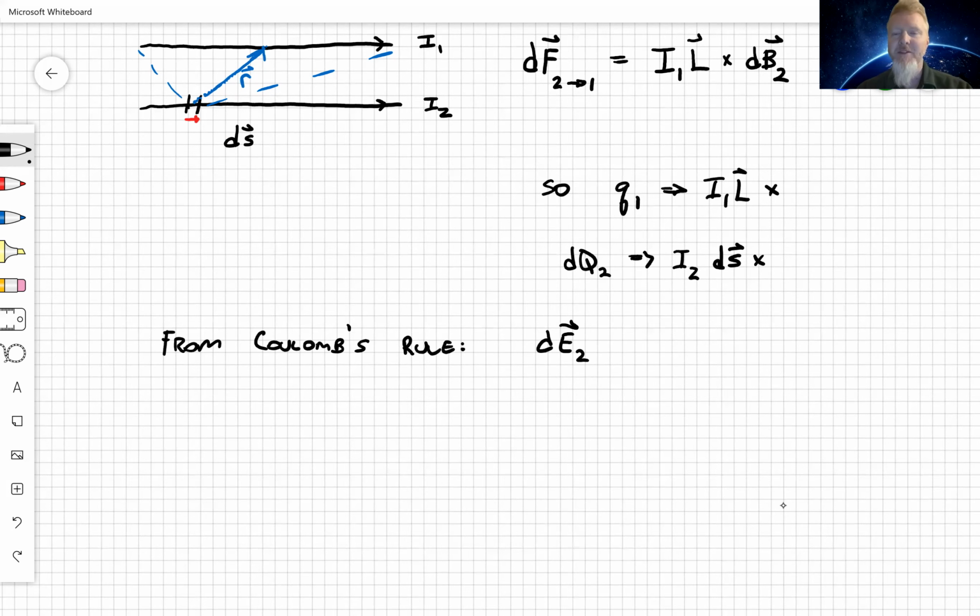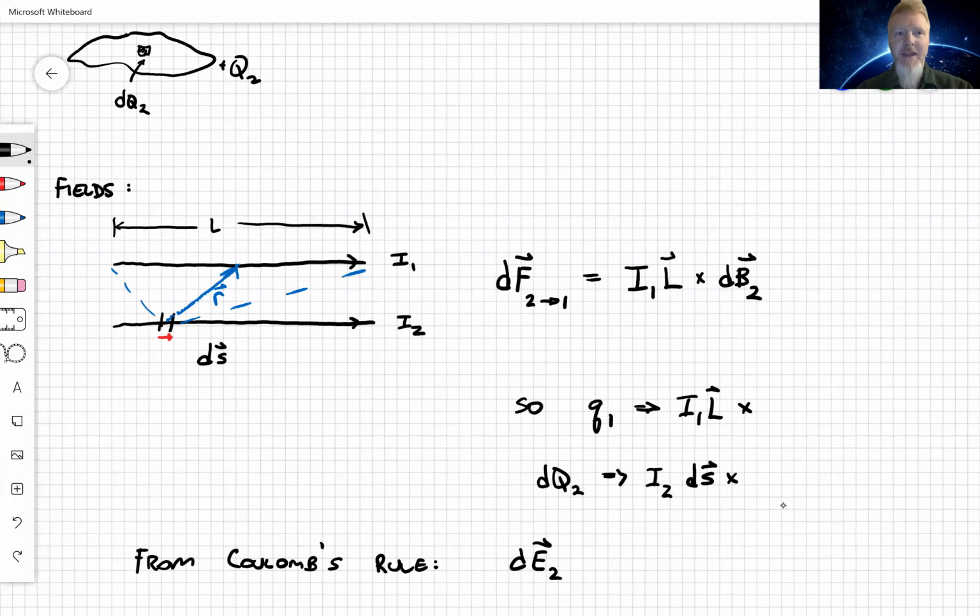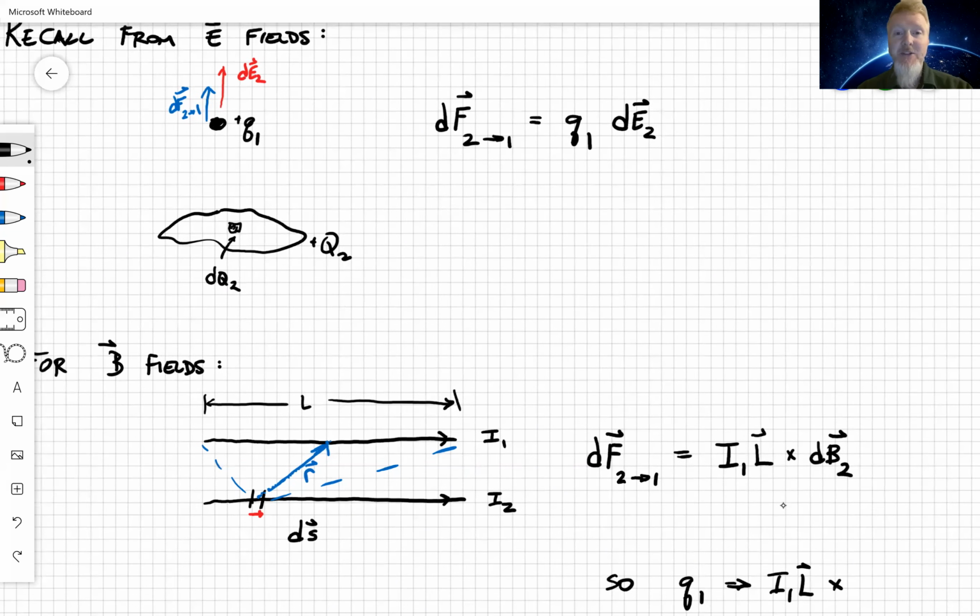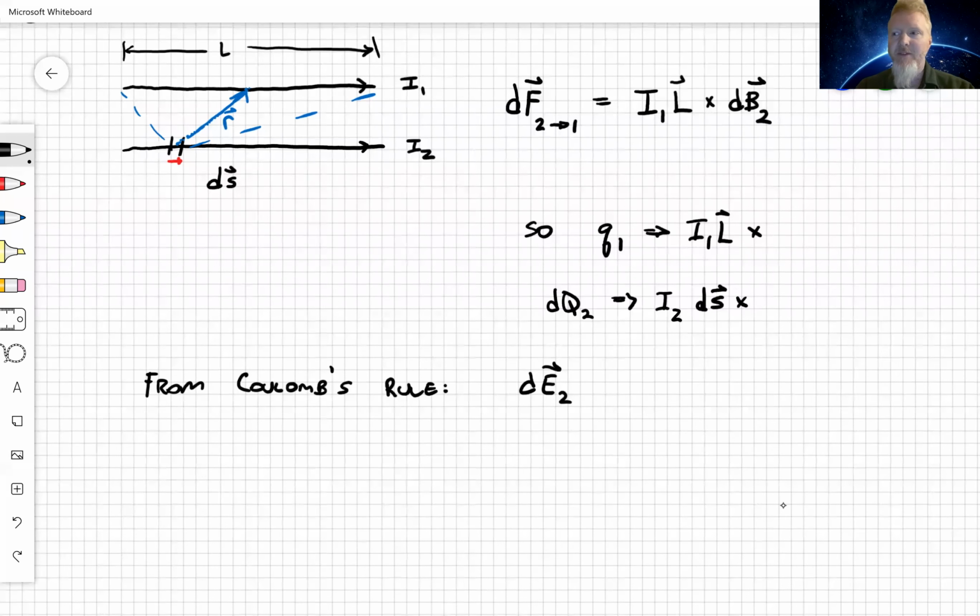Okay, so go back up to this original one, and I want to calculate dE2, right? That's what we did with Coulomb's rule, and that means I know how to calculate that. It's the field of a point charge. So it's going to be k times dQ2 divided by r squared, and then I have to throw the vector part in, and that's called r hat.